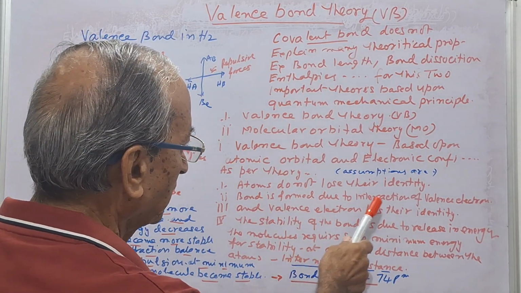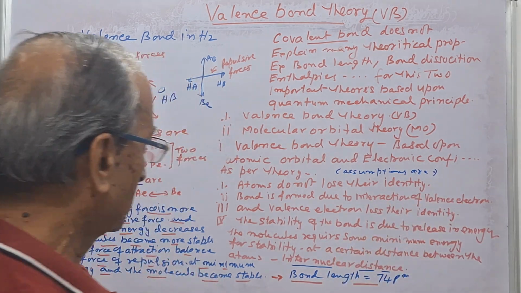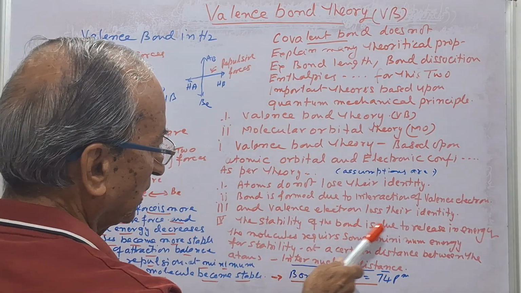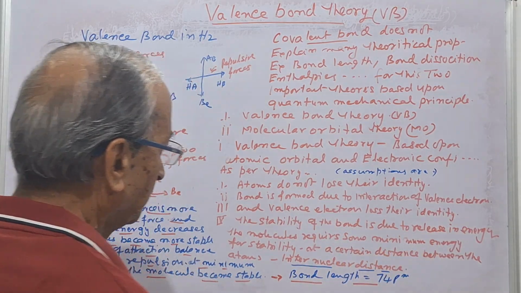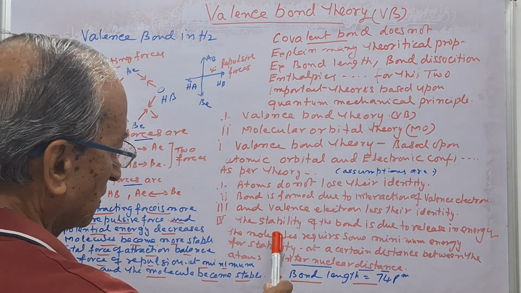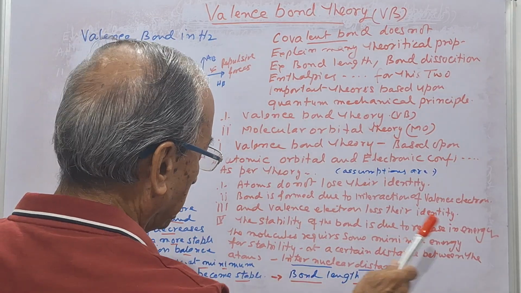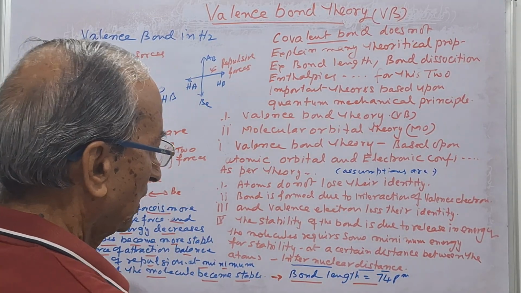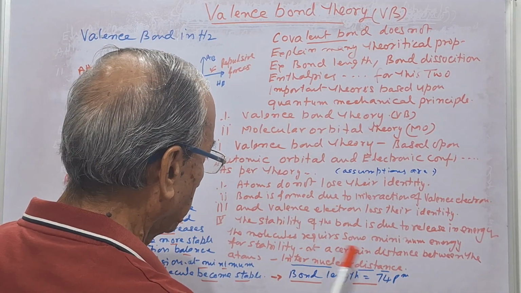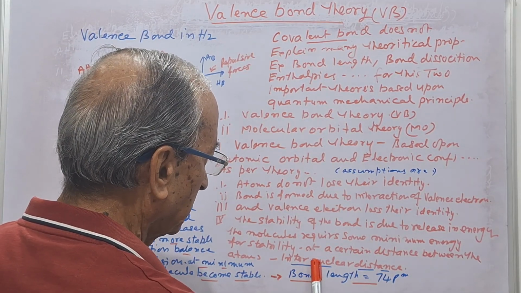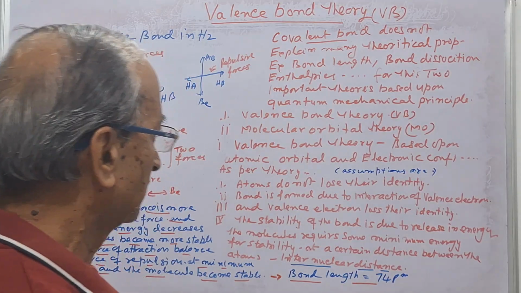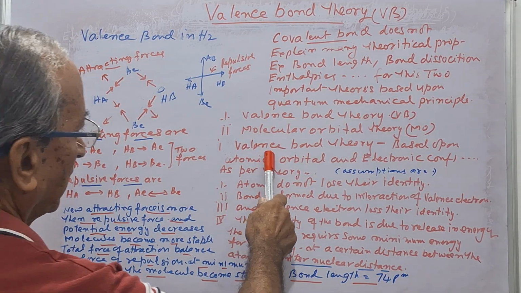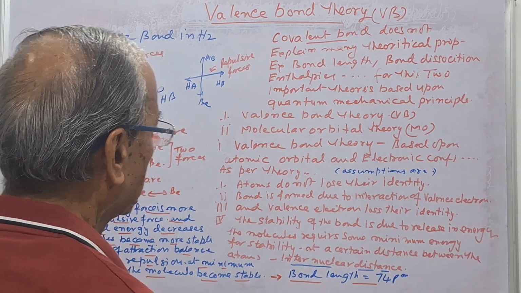Bond is formed due to the interaction of the valence electrons, and the stability of the bond is due to release in energy. That is, molecules require some minimum energy for the stabilization at a certain distance between the atoms. It is known as the internuclear distance. So these are the assumptions for the valence bond theory.